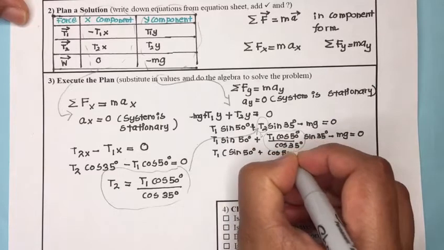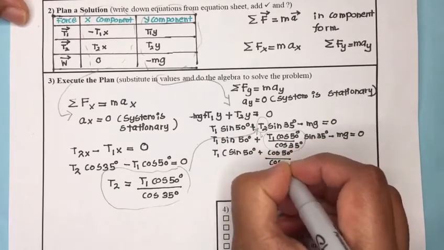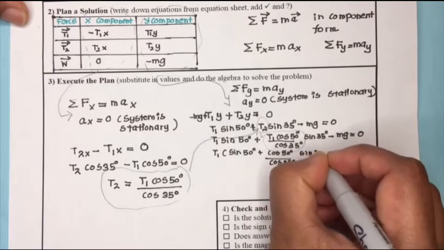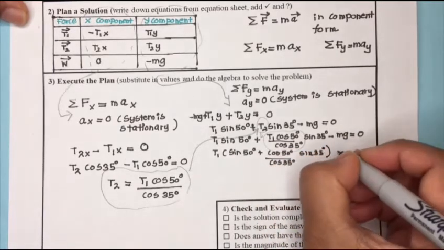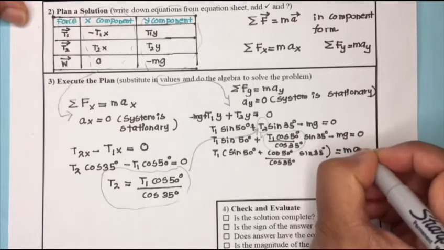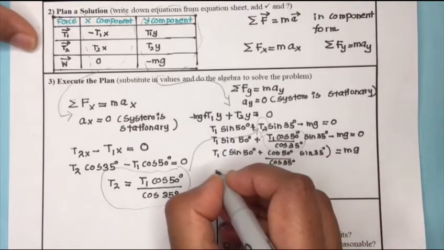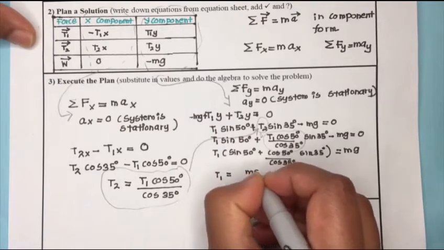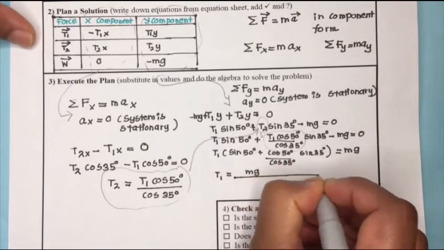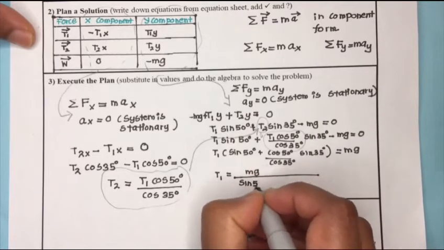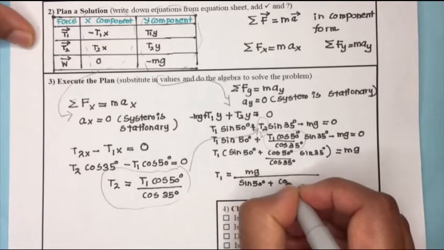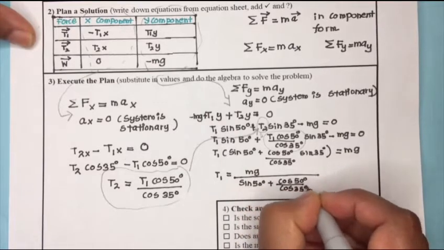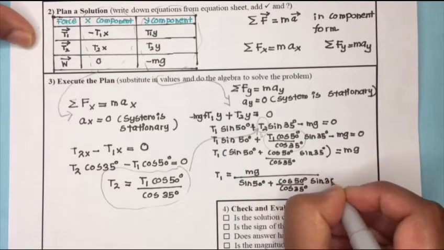I'm going to factor out tension 1, since it's common to both terms. When I factor out T1, that's what I get. I'm going to add mg to both sides of the equation. Now I have just mg on the right hand side. If I divide both sides of the equation by this expression, I get tension 1 is equal to mg divided by sine 50 plus cosine 50 divided by cosine 35 times sine 35.